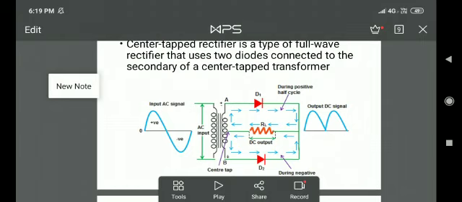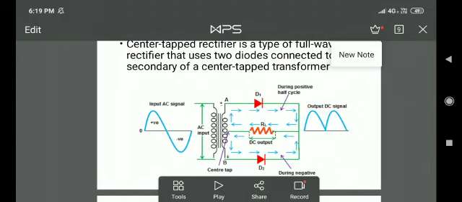At that time, at the secondary of the transformer, point A becomes negative and point B becomes positive, and because of that diode D1 is reverse biased, whereas in this case diode D2 is forward biased. So due to diode D2, the current flows through the load resistor and not due to diode D1. So during the negative half cycle, the output we get at the load resistor RL is due to diode D2.